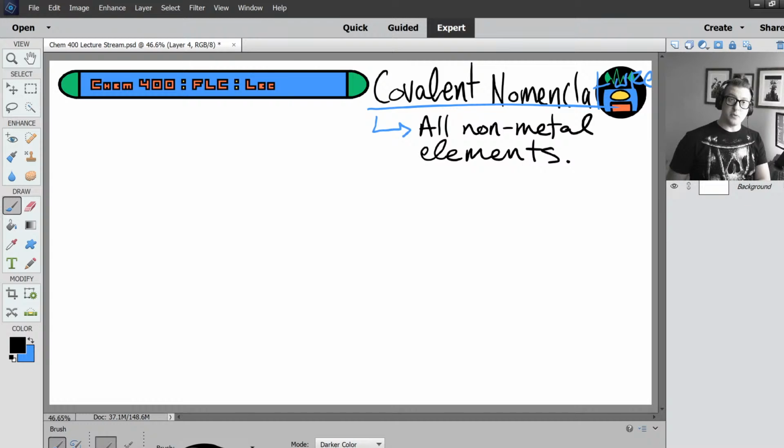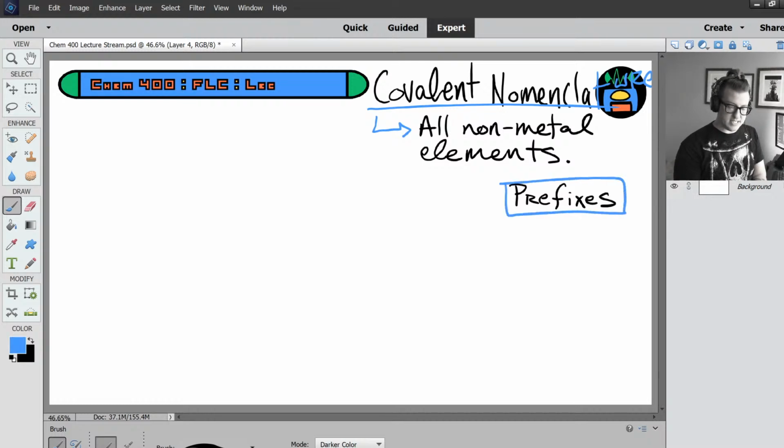That's how you know you're dealing with a covalent compound. If you've got a metal in there, then you know you're ionic. If you're all non-metals, you're dealing with covalent compounds. And the way you name covalent compounds, you use a series of prefixes. You use prefixes to specify the exact number of atoms of each element present in the compound.